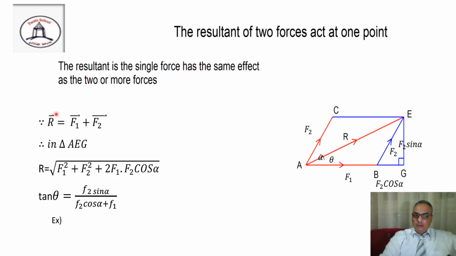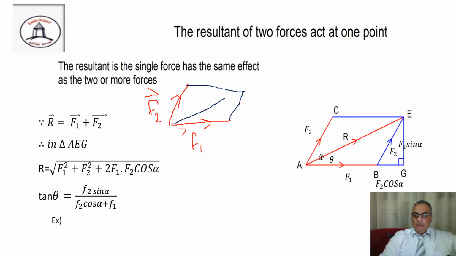Why is R as a vector equal to F1 plus F2? This figure will be a parallelogram. F1 vector, F2 another vector. Complete this parallelogram. R is a vector at the diagonal.